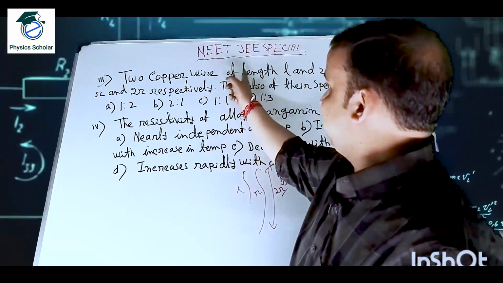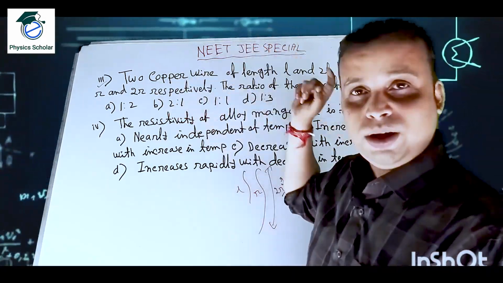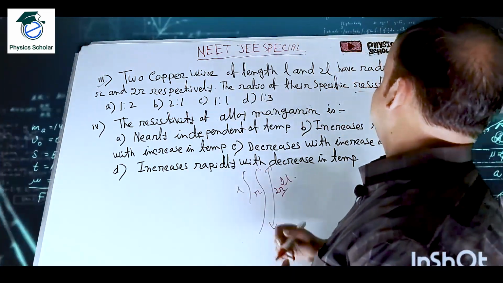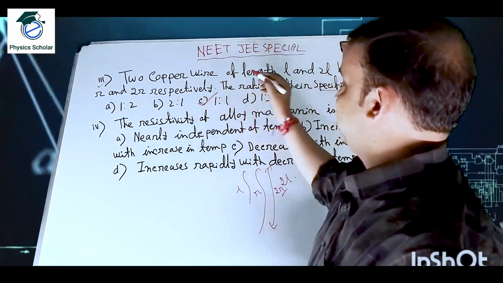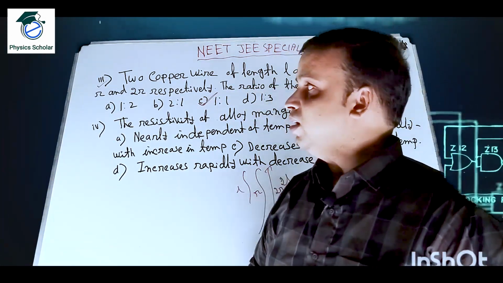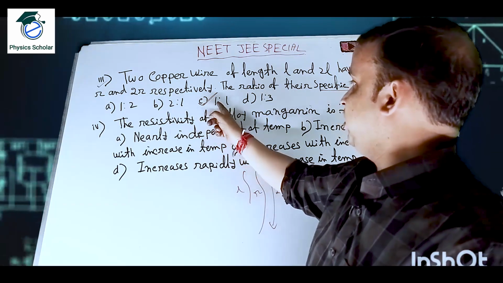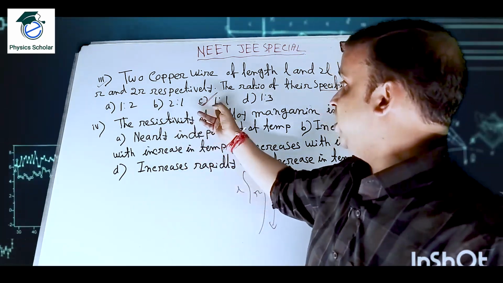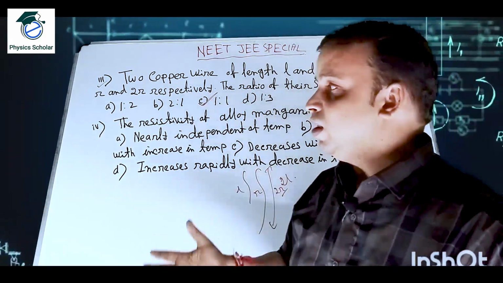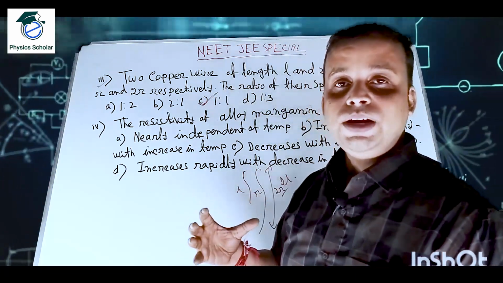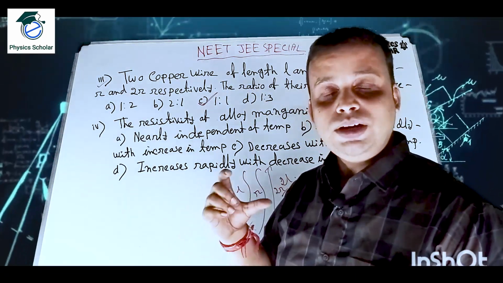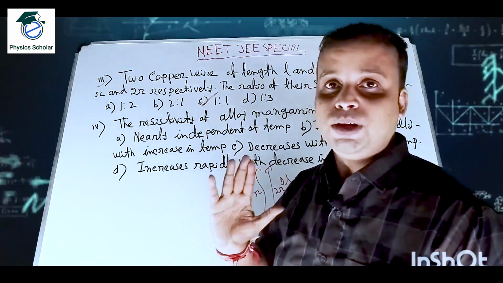Here the material is the same, that means it is copper wire. So their specific resistivity or specific resistance will be the same, whatever their length. So the ratio will be 1:1. The specific resistance of any conductor does not depend upon its dimensions, but on the material of the conductor.